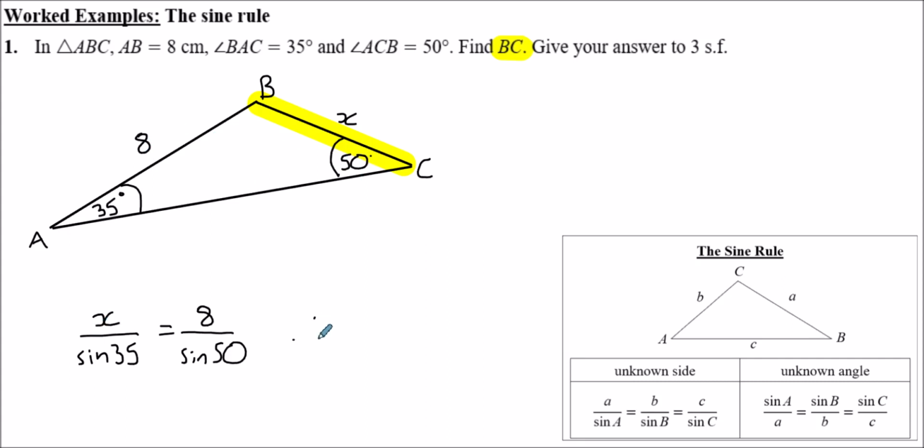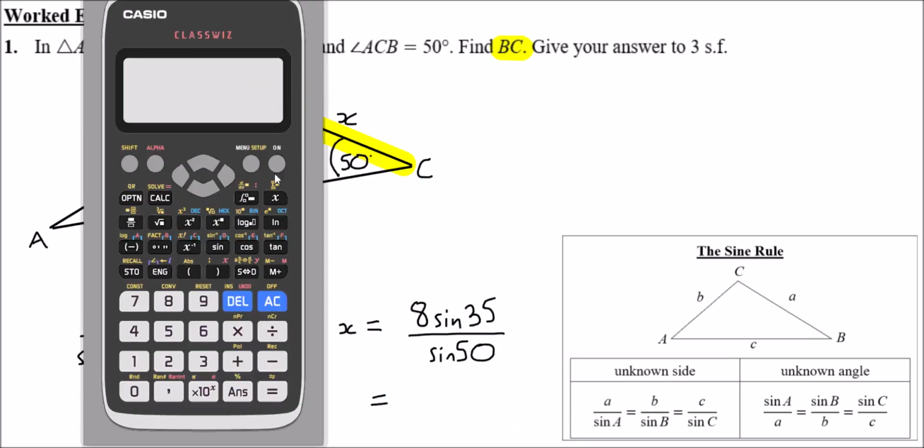I can just rearrange this now by multiplying through by sine 35. So x is going to be 8 multiplied by sine 35, all divided by sine 50. If we just bash this into our calculators and round to 3 sig figs, we've done it. So 8 sine 35 over sine 50, close brackets.